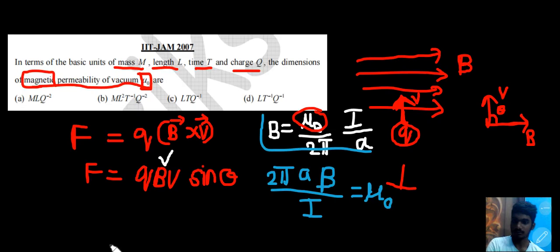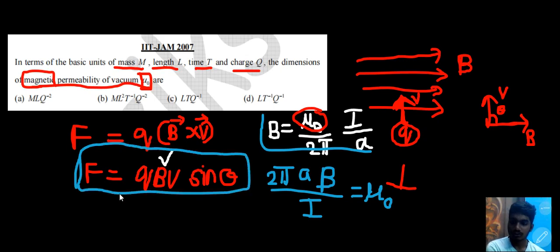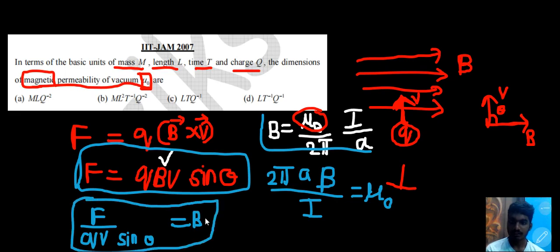First, from the Lorentz force equation, F by q v sine theta is equal to B. We have to find the dimension of B from here, so I am substituting this value of B in the equation.